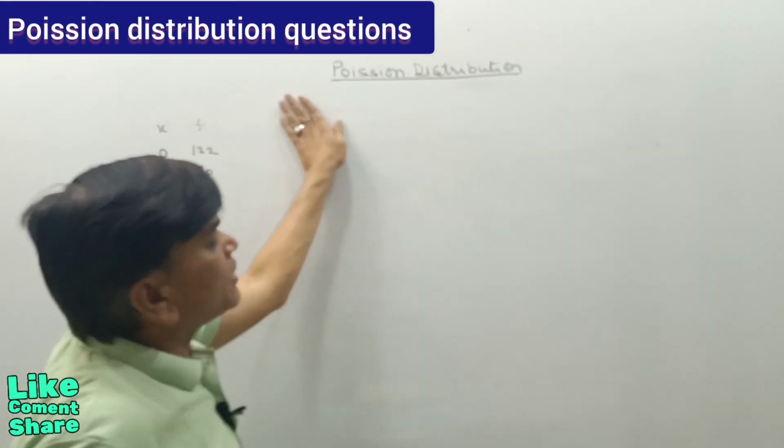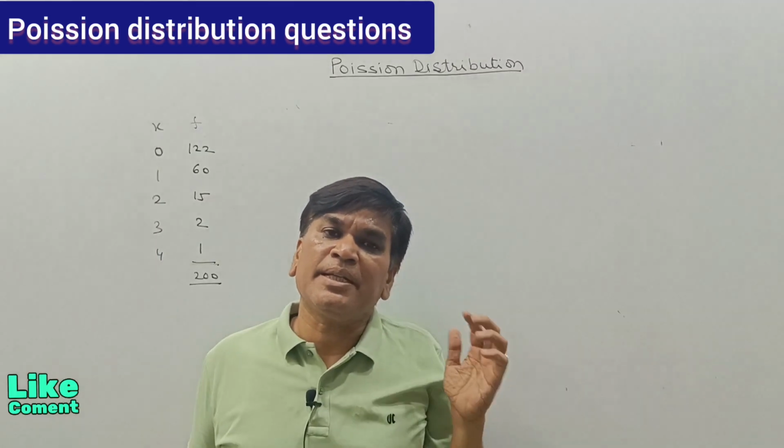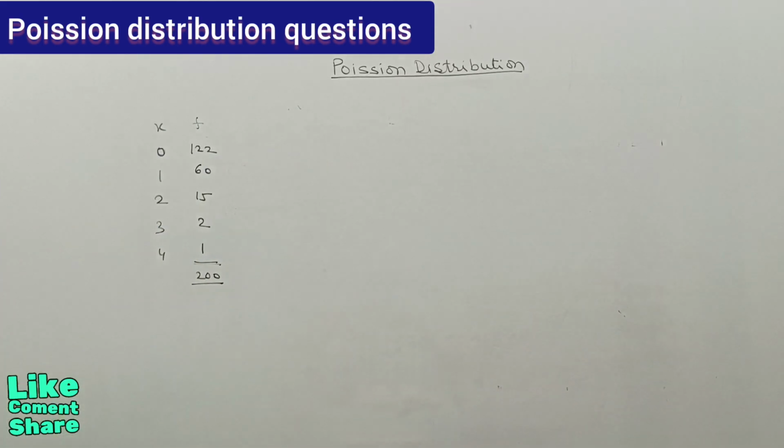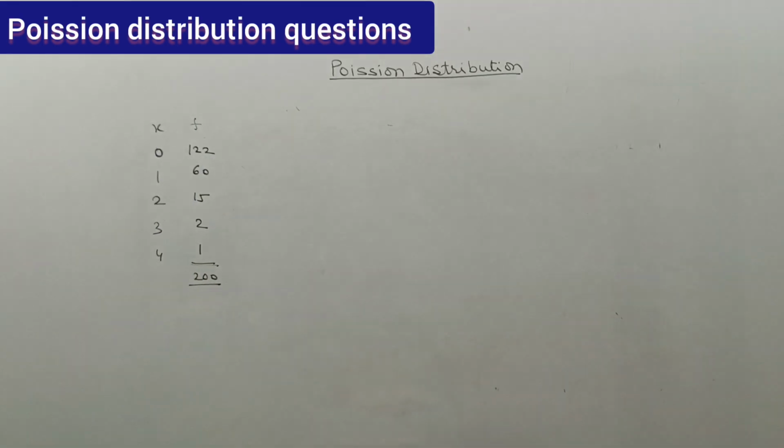So fit a Poisson distribution and calculate the estimated frequency for that.